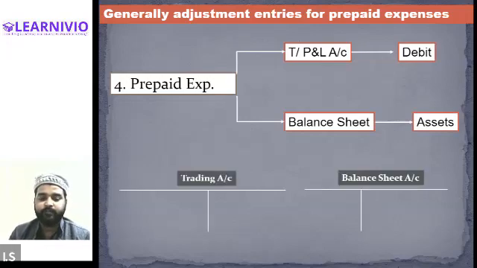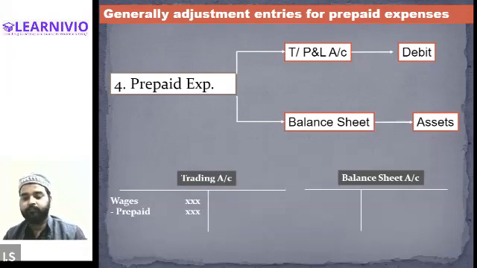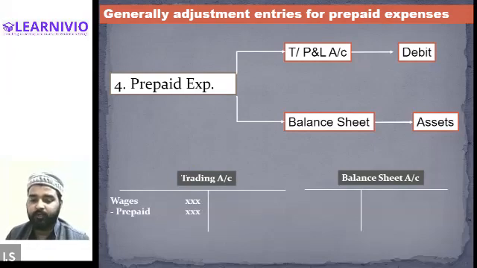If there are prepaid expenses, first of all, we will be writing it in the trading account. Let's suppose wages have been paid in advance. We will adjust the advance wages paid with the wages already given in the question. So wages plus prepaid wages will be recorded in the trading account, and again it will be shown in the balance sheet by the name of prepaid expenses.